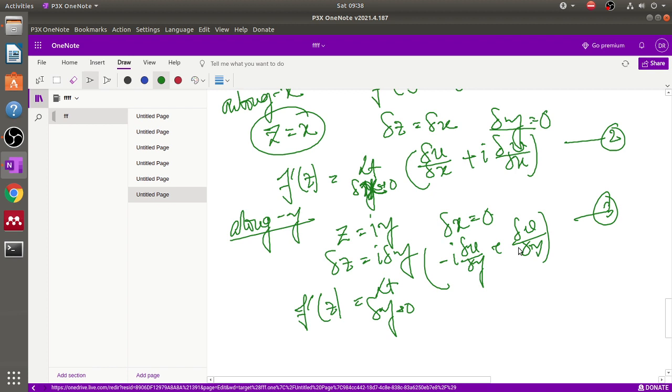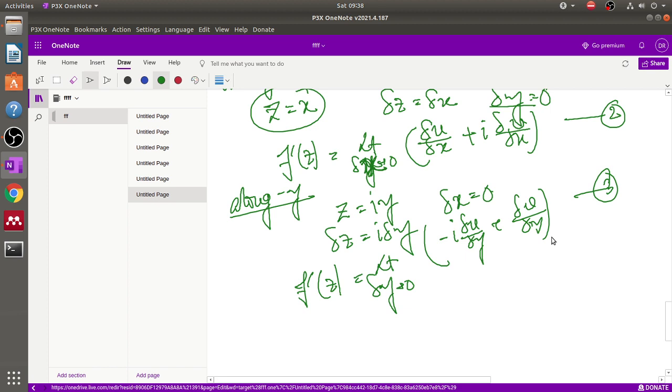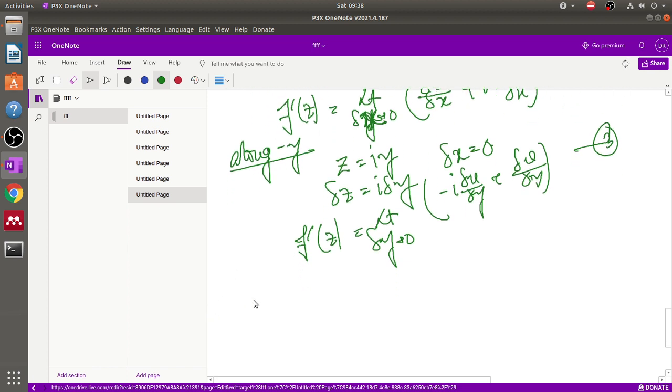If f(z) is differentiable, then the two values of f dash z must be the same. So equating equations 2 and 3, we see that del u by del x plus i del v by del x equals minus i del u by del y plus del v by del y.